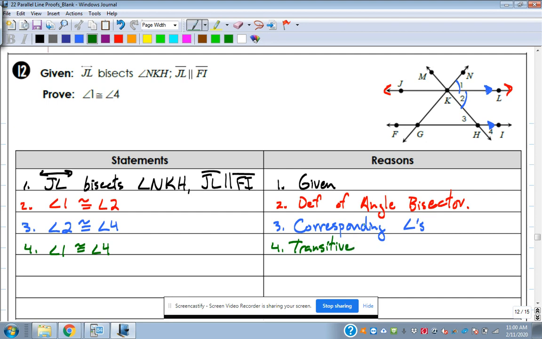Okay. Through transitive property. Seems to do the job, doesn't it? That's what we were trying to prove, wasn't it? That would work. Gave us a lot of extra lines for that. A lot of different ways to get there. That's a pretty direct way. Good job. Not bad at all.